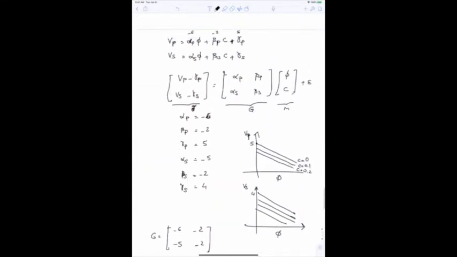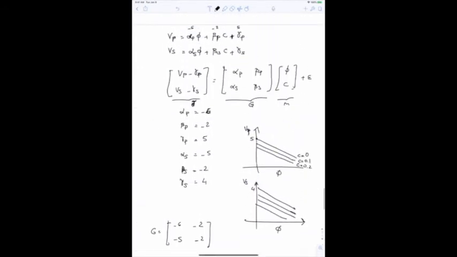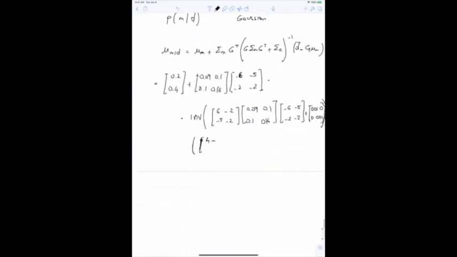So here we're going to have 4 minus the intercept, which is 6, sorry, 5. And then 3 minus 4 minus the matrix G, which we have already written a couple of times now, times the prior mean, which is 0.2, 0.4. Okay.